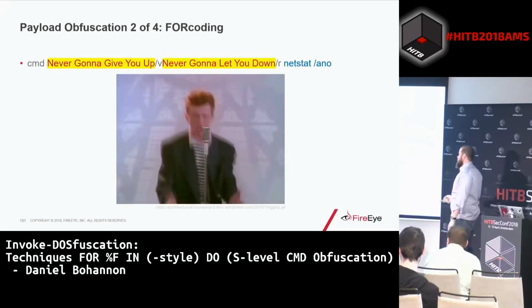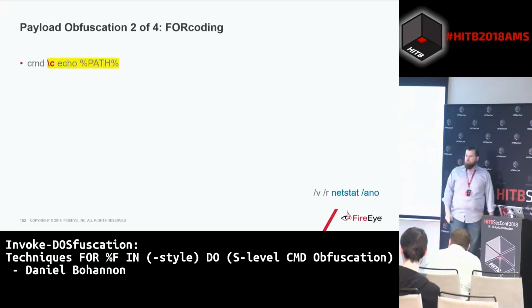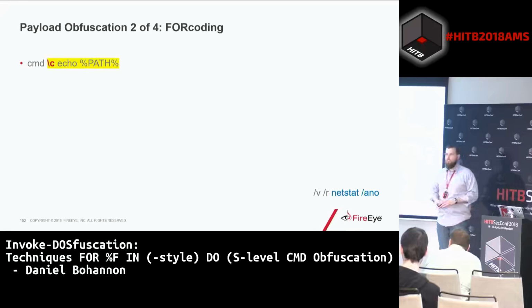Another thing you could do as an attacker is maybe you'll do this. What do you think runs when you run this command? What would you expect as output? The path variable? Well, actually no, because \C doesn't mean anything. It's /C, right? Which there happens to be one right here, and it's a /R instead of a /C.